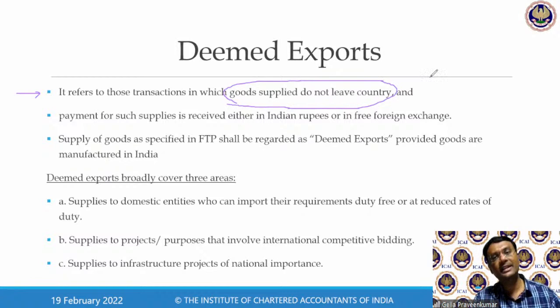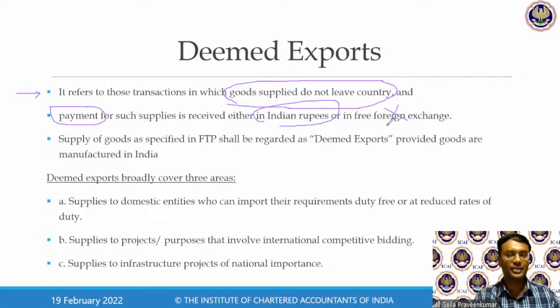Section 147 of GST law has also defined deemed exports. It is a deeming fiction that it is an export, but actually the goods do not leave India. And also, payment for those supplies is received in INR instead of foreign exchange.